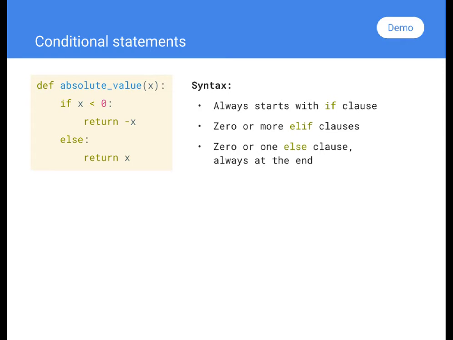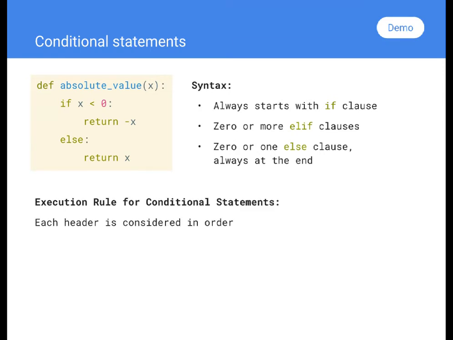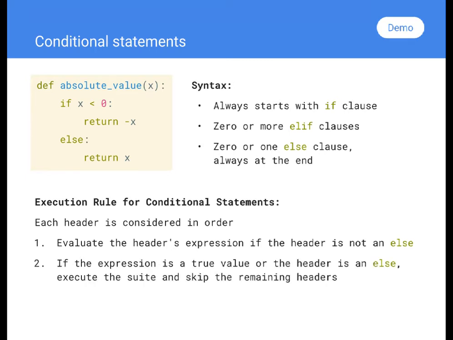So to show you how this works, each header is considered in order. For example, when I was executing absolute value of -2, I passed in -2 and then went line by line through each header's expression, checking which one was true. So I evaluate the header's expression if the header is not an else. And if the expression is a true value or the header is an else, execute the suite and skip the remaining headers.